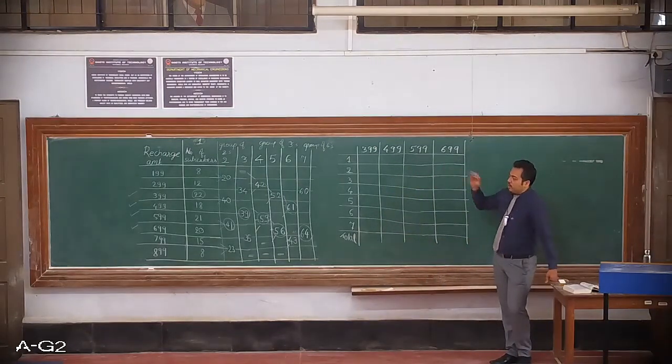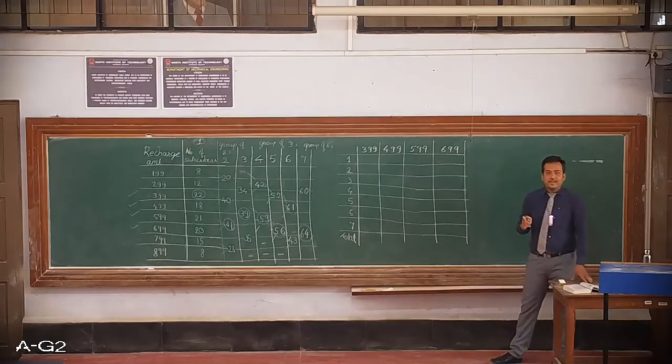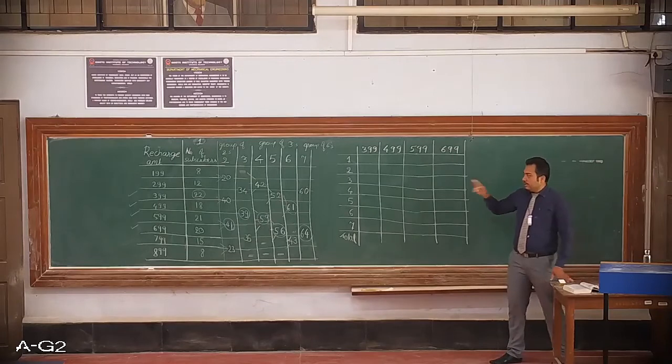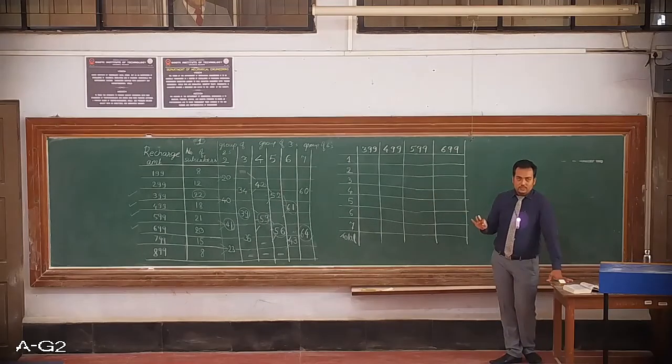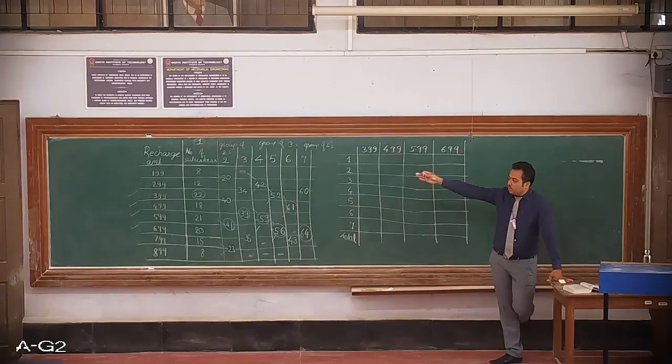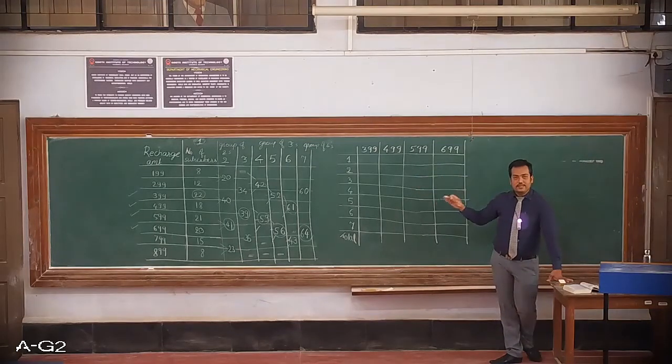Now, if you want to take 199 and 299, you can have two columns, first 199 and 299, and again you can also have 799 and 899. But by looking at the problem and their maximum values, it is not required, because I'm quite sure that 199, 299, 799 and 899 are not my modal values.